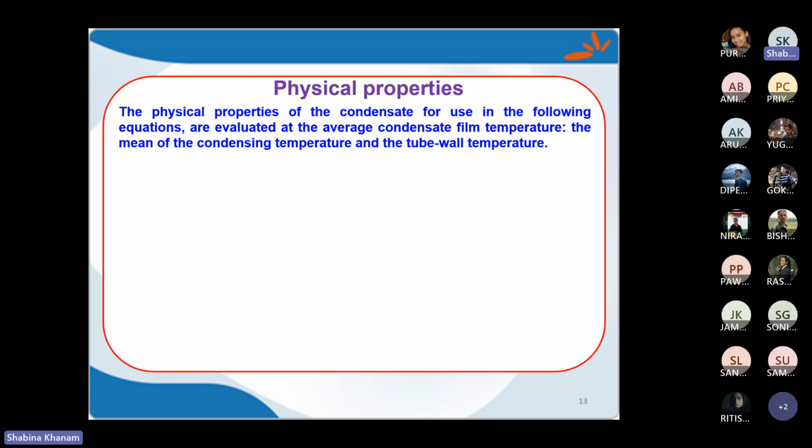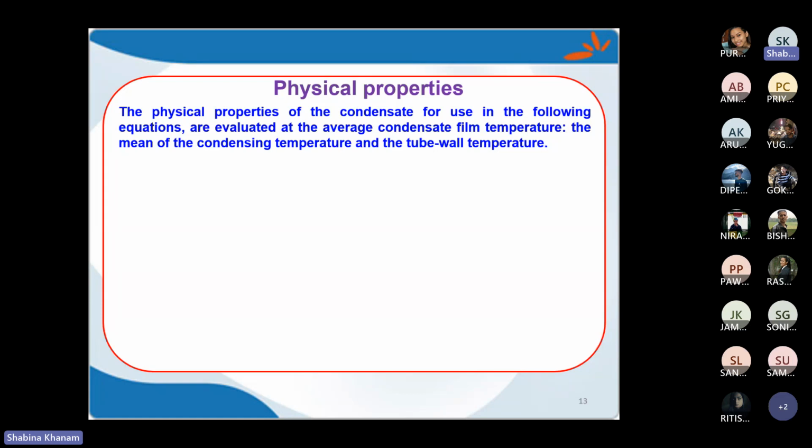So here you need to consider two averages. One is for condensation site, and second, the average of condensation site average temperature and tube wall temperature. Based on that, you can find out the average temperature at which you will collect the physical properties.